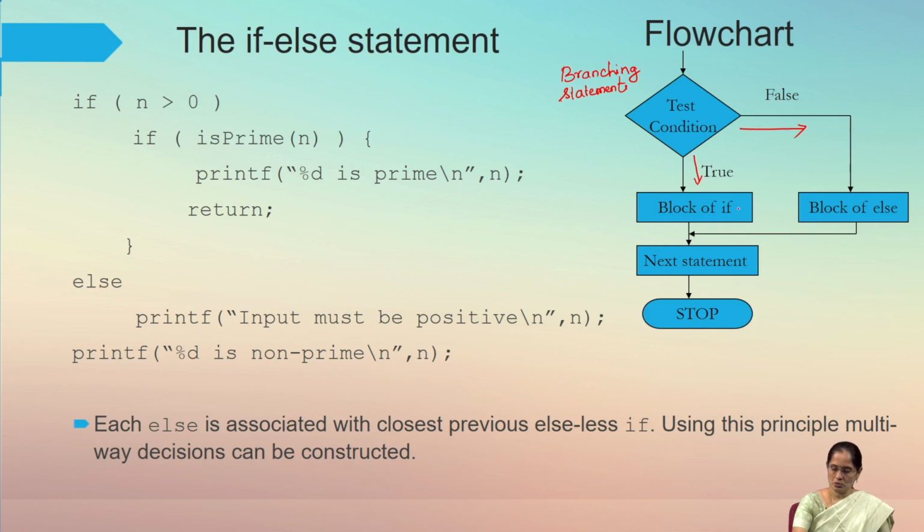If the condition is true, you can have a block; if the condition is false, you can also have a block. And remember, after executing the set of statements in the if block or in the else block, control returns to the next statement. Even if the condition becomes true, it executes the if block and goes to the next statement.